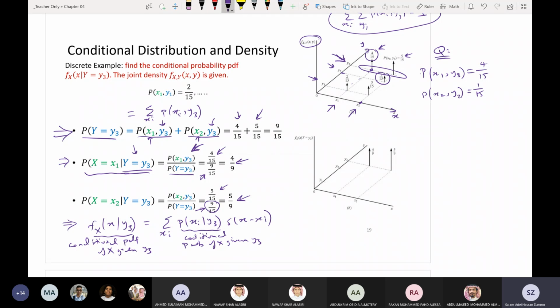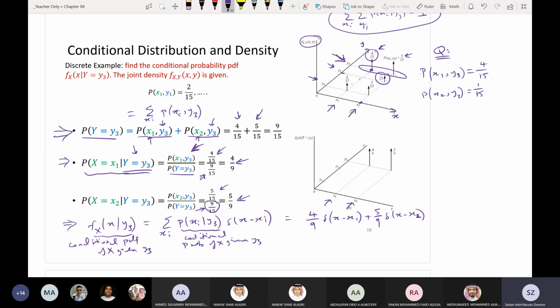So the conditional PDF of x has two impulses. One impulse with 4 over 9 delta of x minus x1, plus how much, guys? 5 over 9, right, delta of x minus x2.